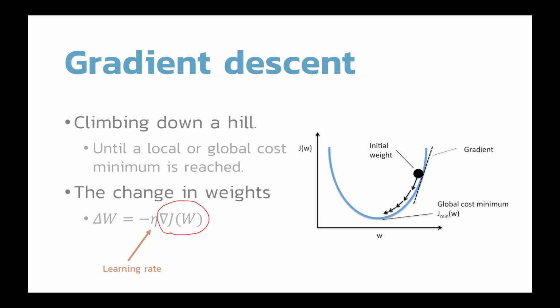That's why it's called gradient descent: we take the gradient of the error function and update the weight in the direction of decreasing error. That sign makes it so that after the weight change, the error should decrease.